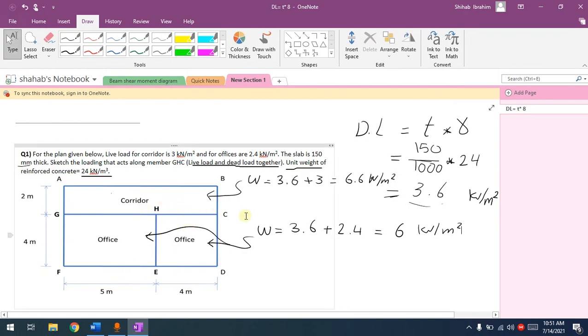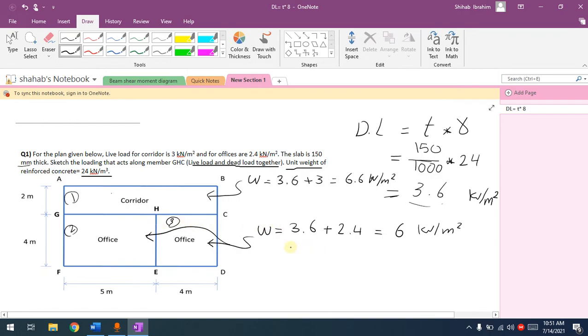Now we have W, which is the weight on the slabs. Here it's clear how many slabs we have. We have a corridor, which is one slab, and two offices, so we can say we have 3 slabs: 1, 2, and 3.